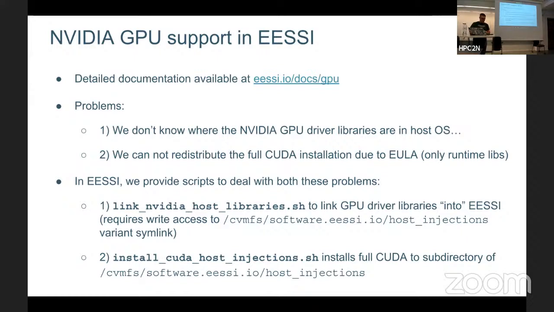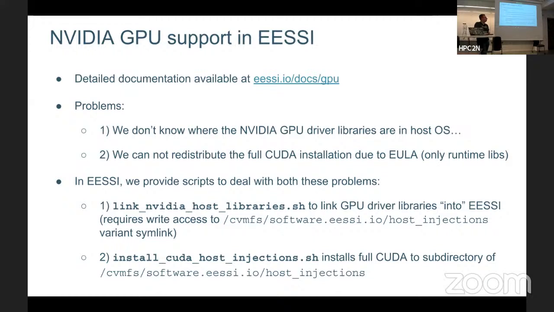Another problem we have is that when you're shipping software that relies on a CUDA runtime, you need a CUDA runtime in Easy. That's allowed. But if you do a CUDA installation, it includes the runtime, but also the NVCC compiler, for example. And that's a part we're not allowed to redistribute. The EULA says you cannot copy this and make it publicly available. It's illegal. So there's export control kind of stuff.